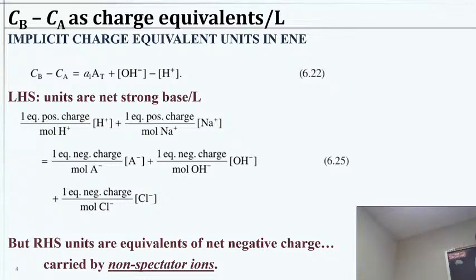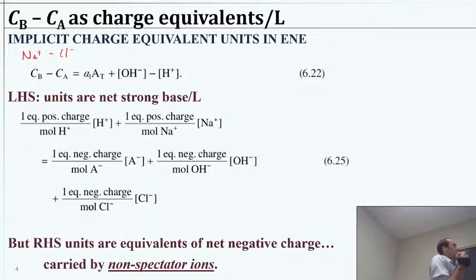If we put the Cl minus as our acid tracer and the Na plus as our base tracer, so Na plus and anything like it, and Cl minus and anything like it, as the left-hand side, those units clearly and easily become that strong base or strong acid per liter, in equivalent charge.